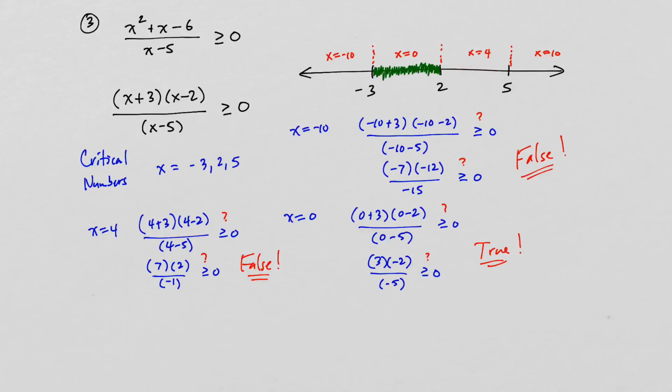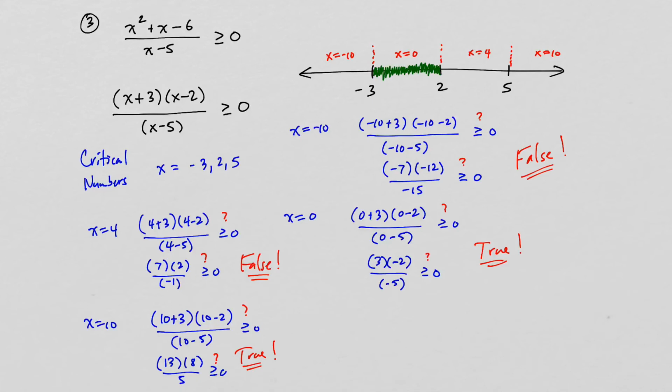So finally, we're going to check x equals positive 10. Plug in positive 10. Do the math here. So 10 plus 3 is 13, 10 minus 2 is 8, and 10 minus 5 is 5. Is that greater than 0? Yes, this is true.